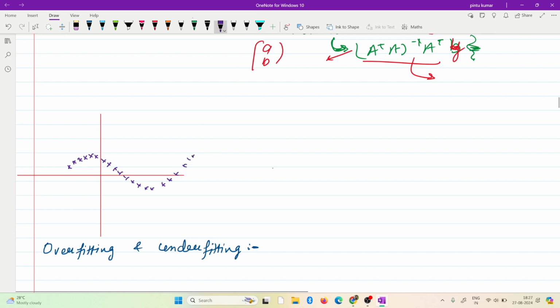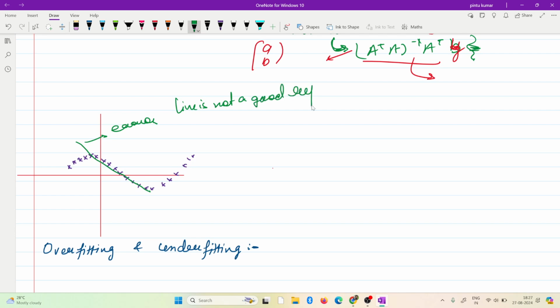Something like this. Now, if you try to fit a line through it, you're certain to make a lot of error. So, in other words, you can say that the line is not a good representation for this data. So, what can you do in such a situation?